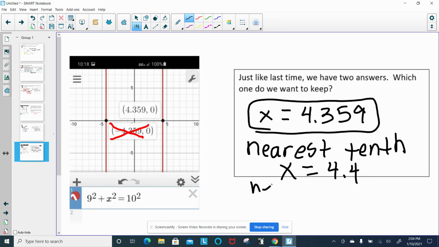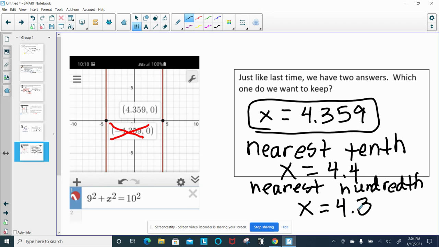If I was going to the nearest 100th or 100th place, I would go out 2 decimal points. And this would be 4.36 because the 9 is big, so it makes the 5 round up. I don't remember what Alex will want us to do, but that's how you do those.